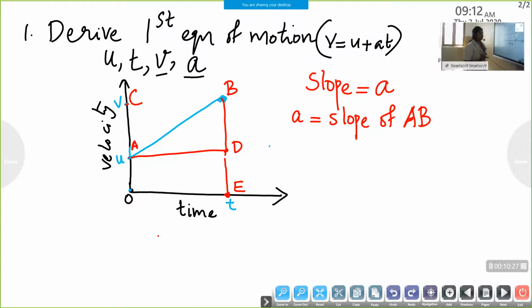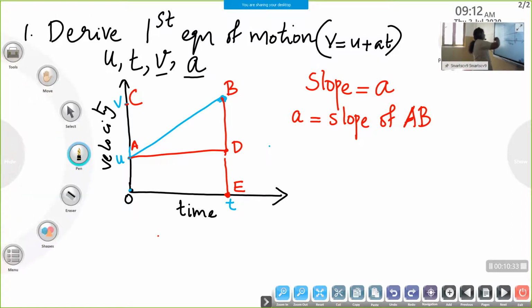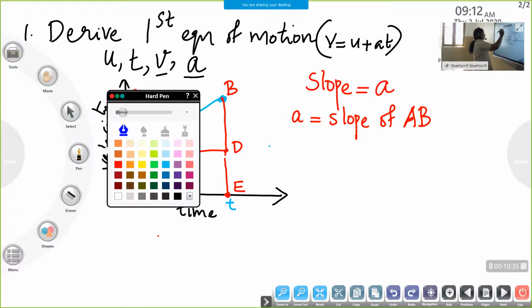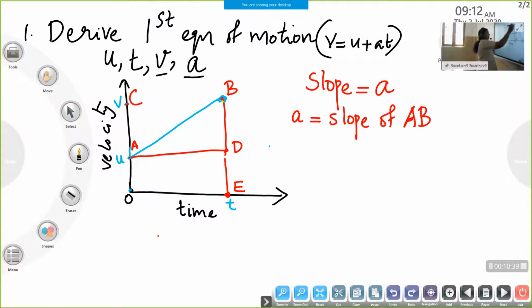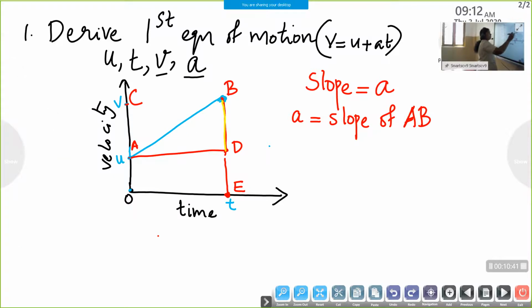Which is the slope of the graph? Yes, the slope is BD. BD is the slope of the graph.